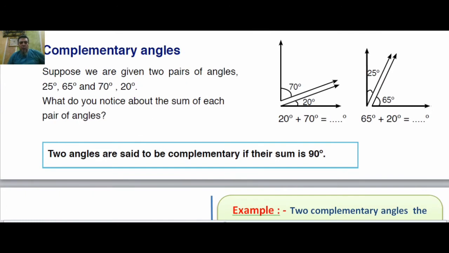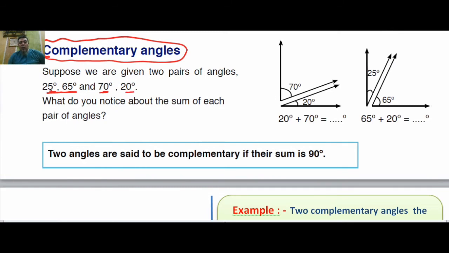Another definition, the complementary angles. What's the meaning of complementary angles? Suppose we are given two pairs of angles, 25 degrees and 65 degrees, 70 degrees and 20 degrees.